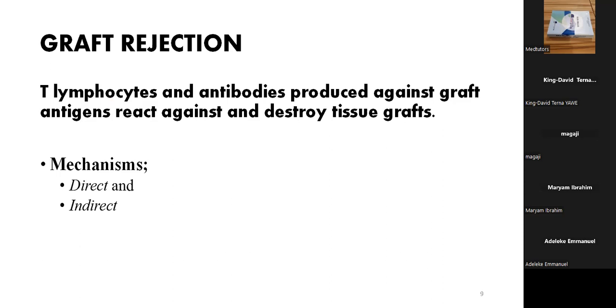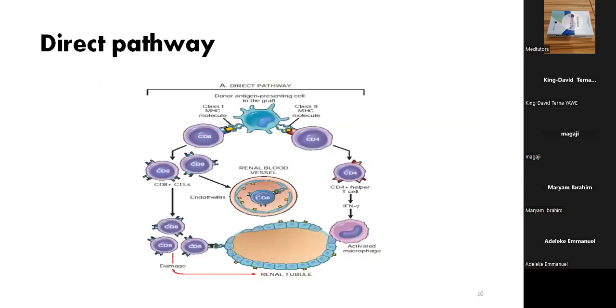Graft rejection. The T lymphocytes and antibodies produced against graft antigens react against and destroy the tissue grafts. There are basically two pathways in which the T lymphocytes recognize these antigens. There is the direct pathway and then the indirect pathway. This picture depicts the direct pathway.